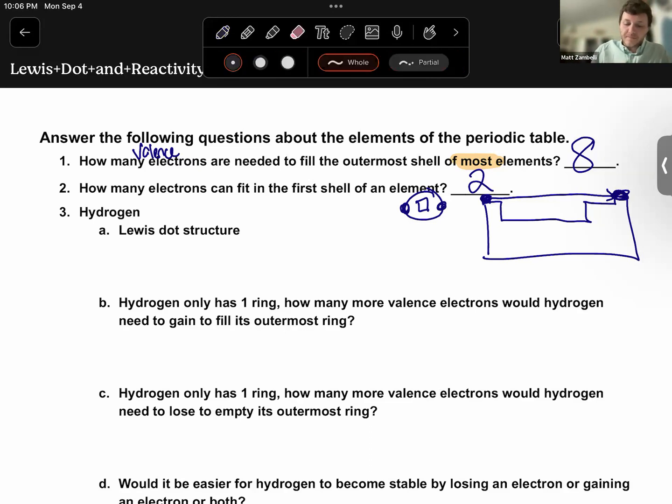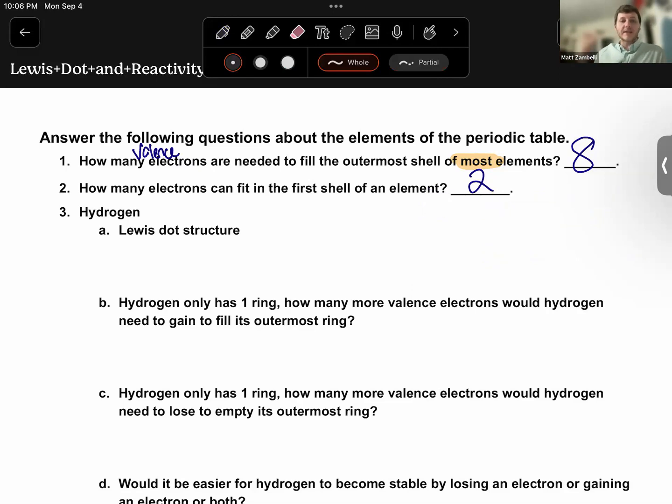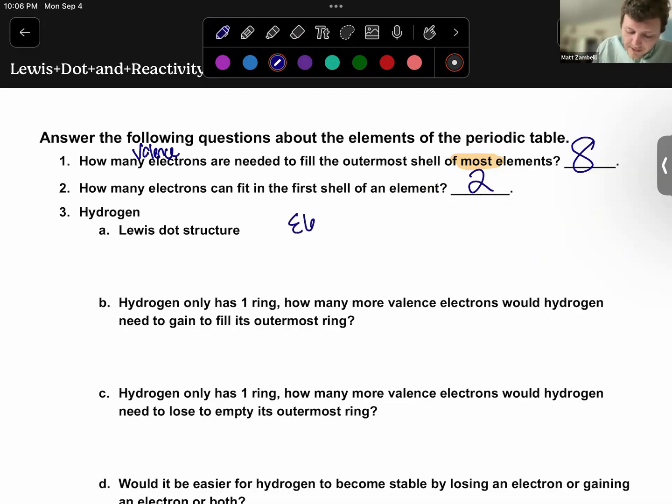Now that we remember that, we can talk about the actual Lewis dot structure, let's start with hydrogen. Remember, there's two parts. We need the element symbol, and we need the valence electrons.